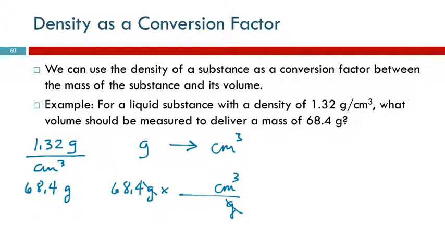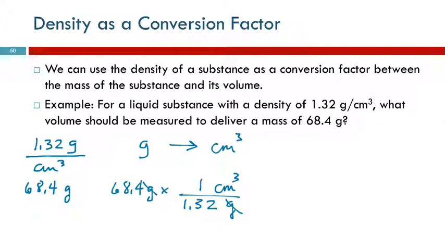Units first. The relationship between cubic centimeters and grams is the density, and it is specific to this problem. It's 1.32 grams per cubic centimeter. So 1.32 needs to stay with gram. So it's going to go in the bottom. And if I need a number on top, it's going to be a 1.